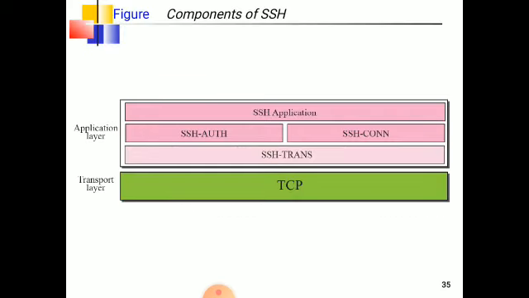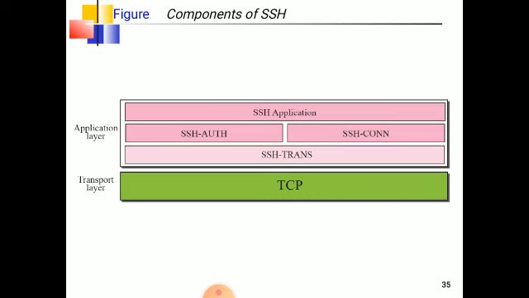Now let's see the next point, components of SSH. SSH has the following components at the transport layer: TCP, SSH transport layer, and the remaining are SSH authentication and connection establishment. SSH provides security at the transport layer, because even though we are using the TCP protocol, TCP is not that secure.